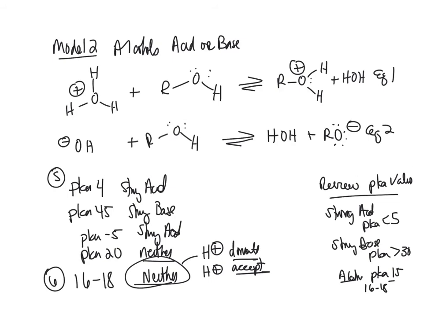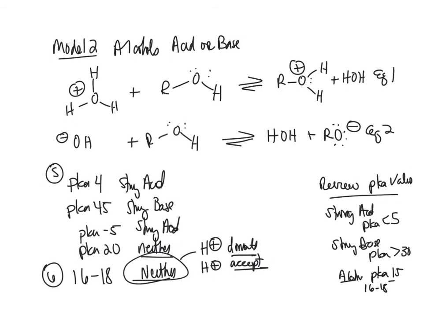Okay, so now let's answer question 7. For the reaction in Model 2, label each species as either acid, base, conjugate acid, or conjugate base. Each species should have one label. Okay, so for equation 1, what role does the alcohol play?